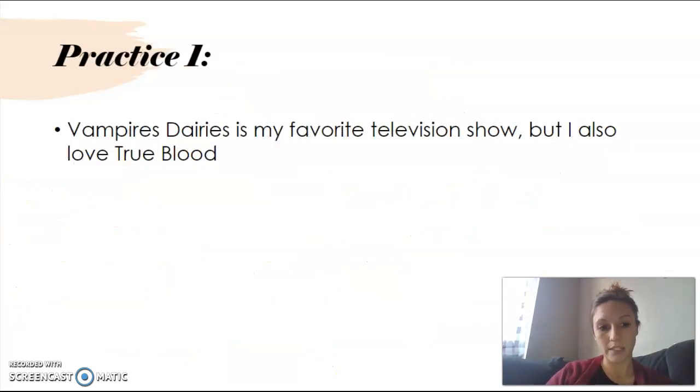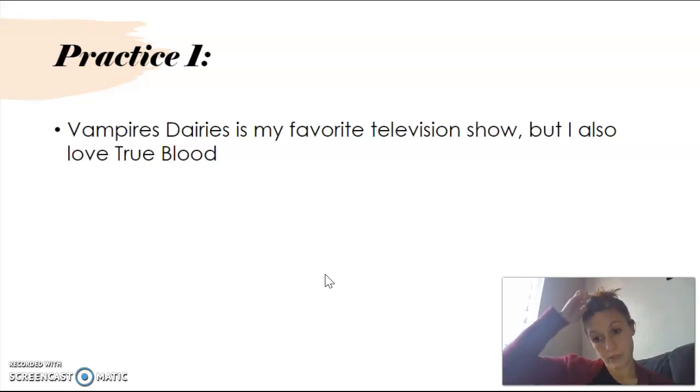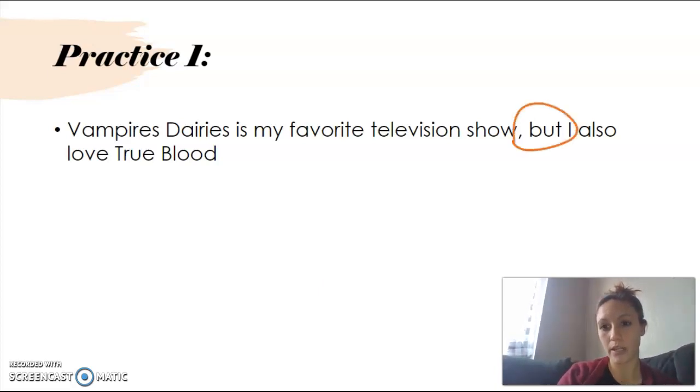So let's do a little practice. Vampire Diaries is my favorite television show, but I also love True Blood. Okay, well, is there one subject, one predicate? Is there a coordinating conjunction or a subordinating conjunction? Well, the first thing that clues me in here is that there's a comma and a conjunction.